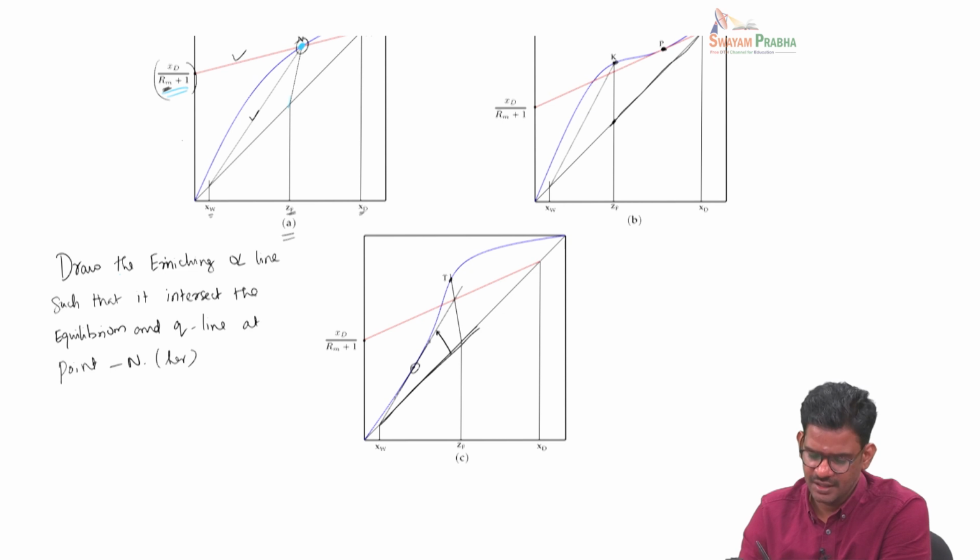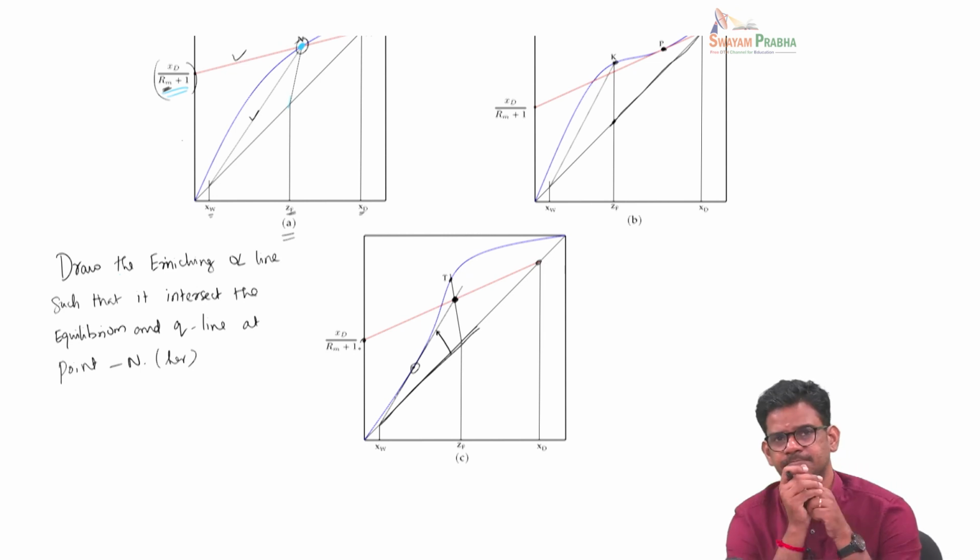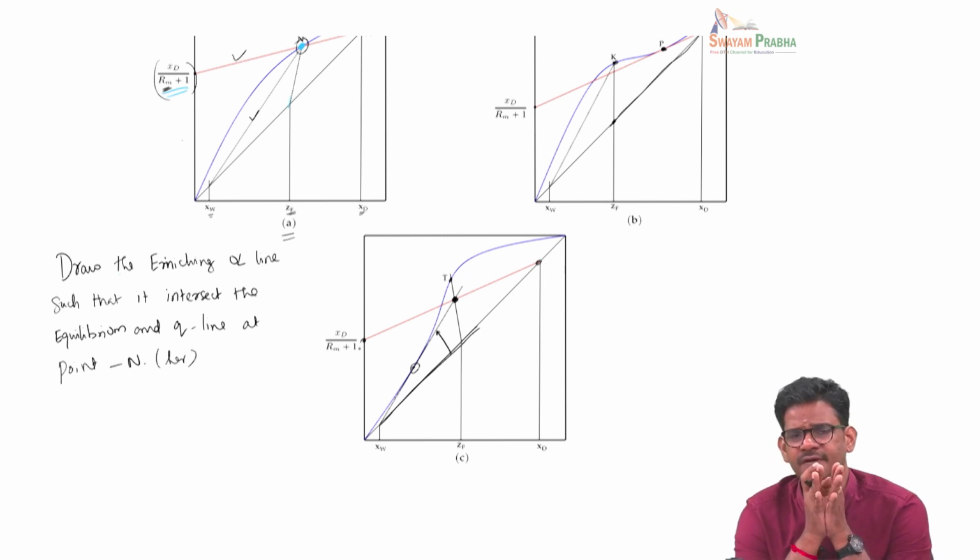And then we extend this line and cut the Q line, and at this point the enriching line will also go through. So then you draw the enriching line from here to here and then extend all the way here. So in this particular case, the minimum reflux ratio is not directly obtained from the enriching operating line because the curvature of the equilibrium line is quite different here.